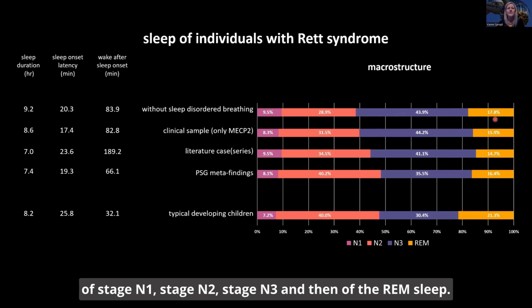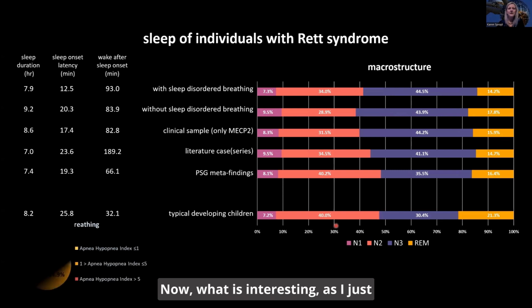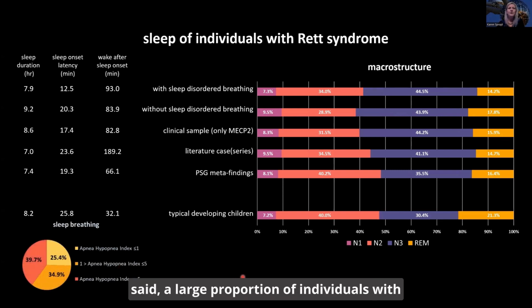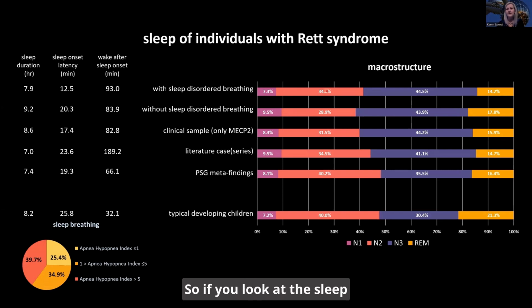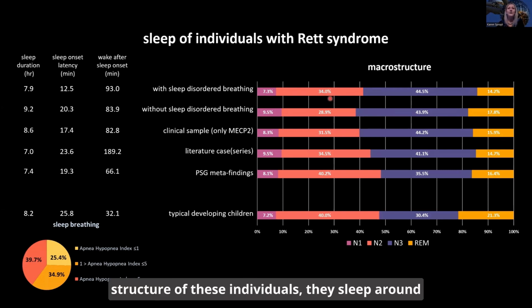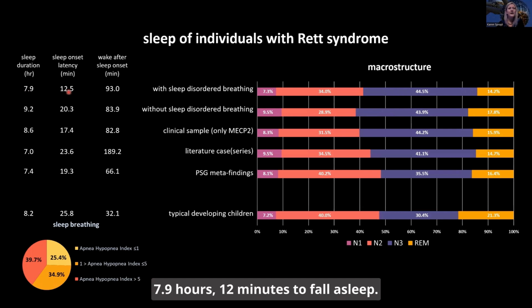Now, what is interesting, as I just said, a large proportion of individuals with Rett syndrome have sleep disordered breathing. You can see the severe sleep disordered breathing in childhood, almost 40% of them suffer sleep disordered breathing. So if you look at the sleep structure of these individuals, they sleep around 7.9 hours.